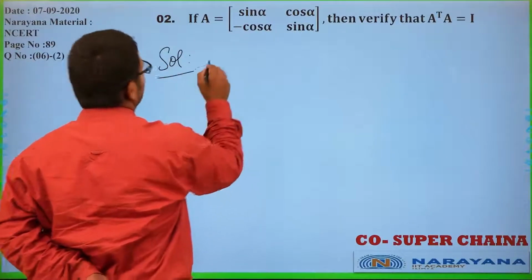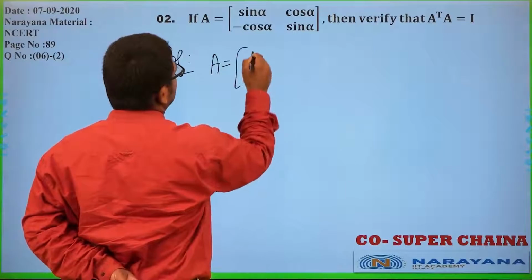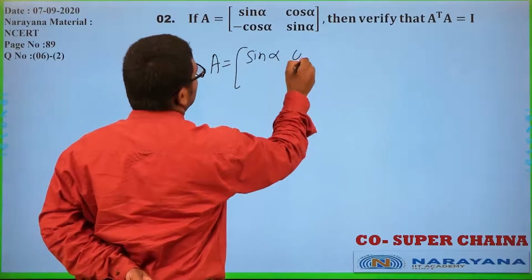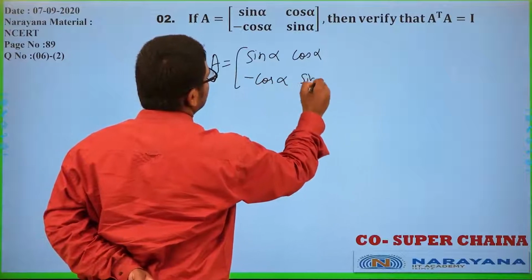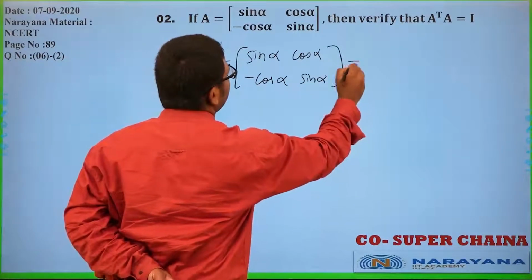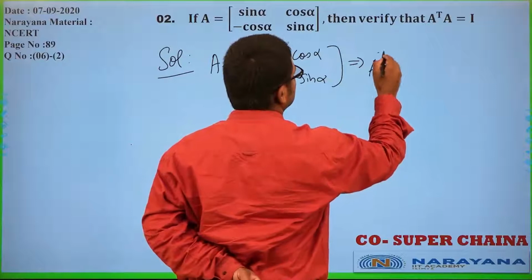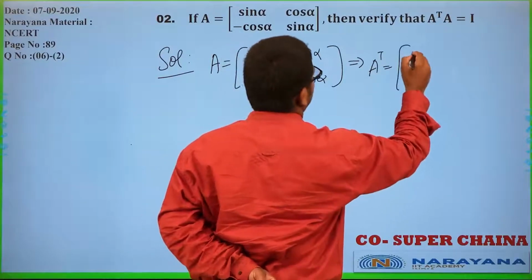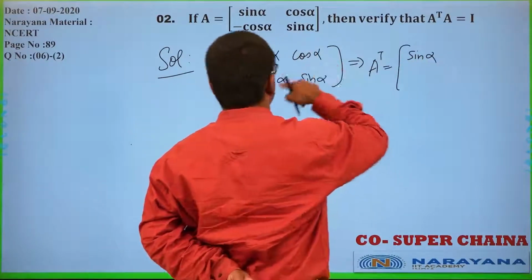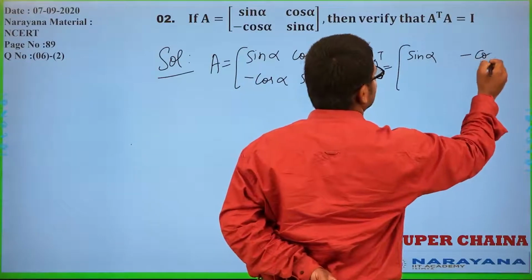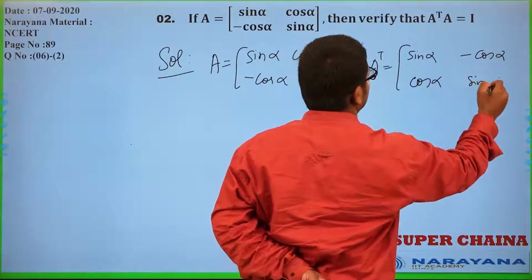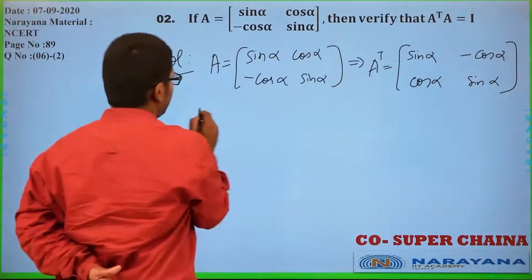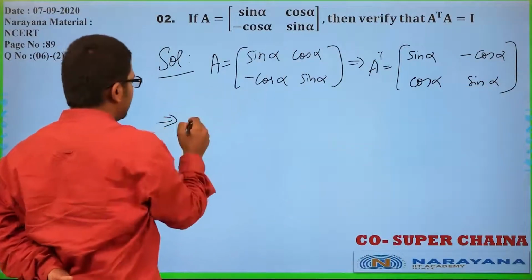A is [sin alpha, cos alpha; minus cos alpha, sin alpha], which means A transpose is [sin alpha, minus cos alpha; cos alpha, sin alpha], right? Which means the question says A transpose A.